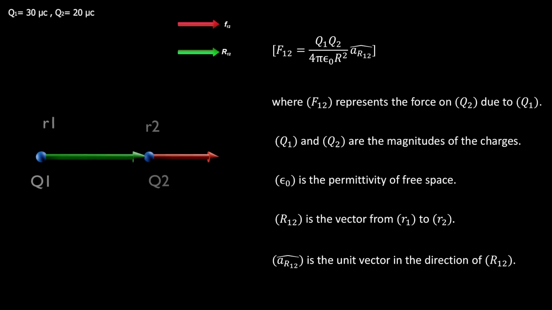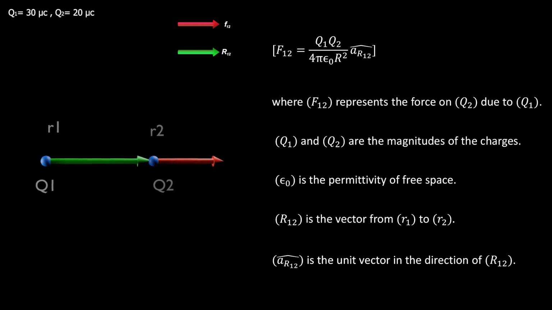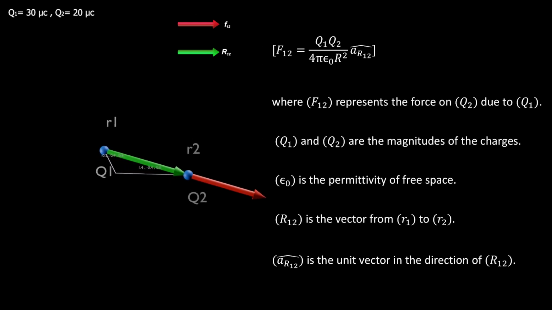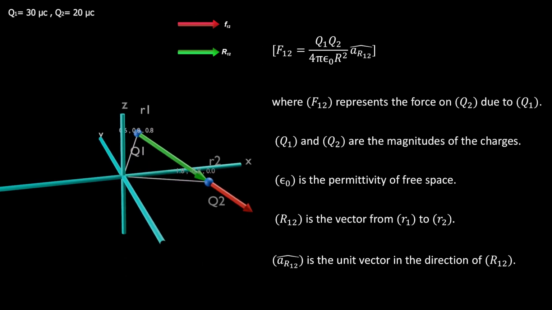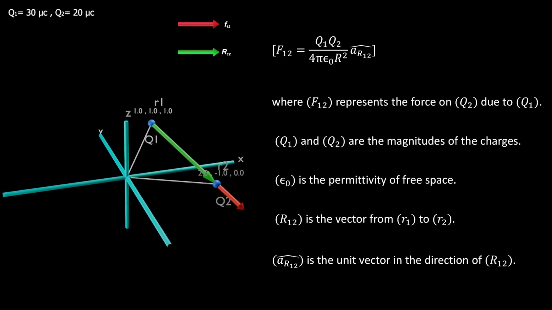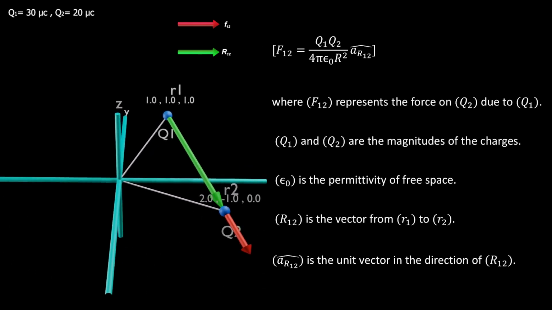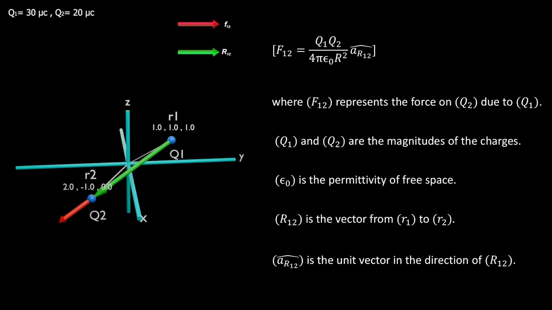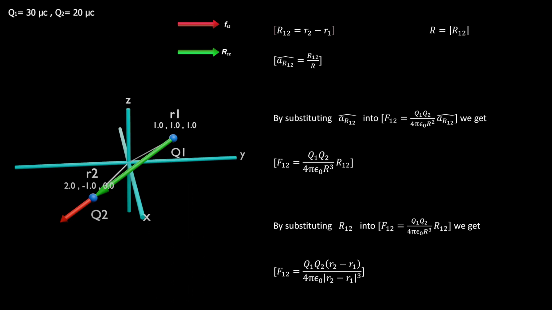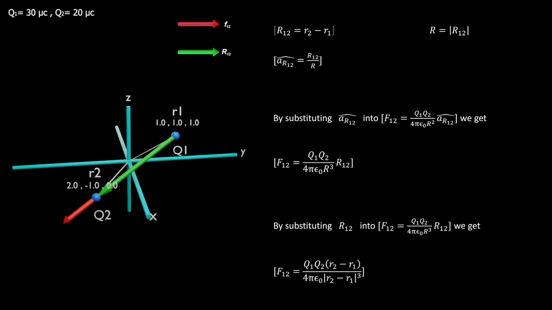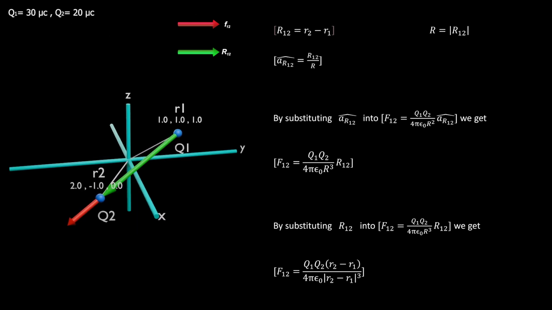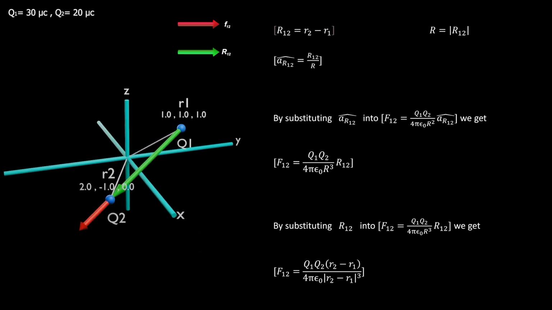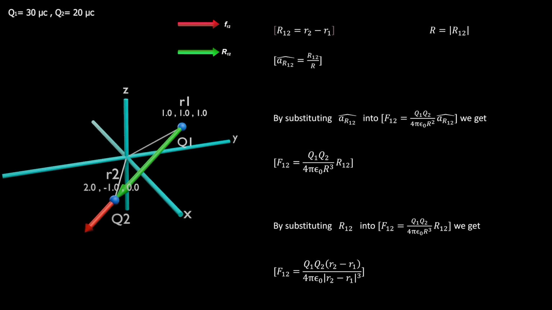Now, what if we have two charges that are not on the same line? If we have two charges, Q1 and Q2, placed at different positions, given by the position vectors R1 and R2, then the vector R12 is the vector that points from Q1 to Q2, which is equal to R2 minus R1.